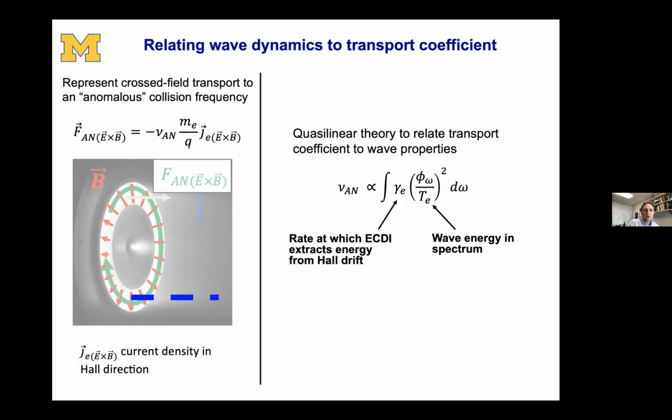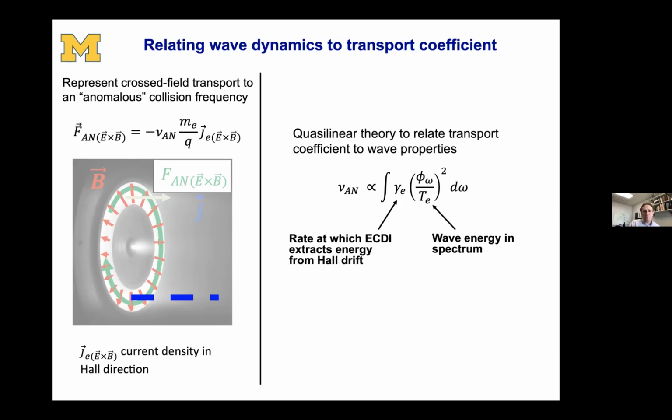And there are two contributing factors. One is the energy which is present in the waves, and that's represented by the ratio of phi, which represents the potential amplitude of the waves, compared to the electron temperature, squared. And it's intuitive that if the wave turbulence spectrum has more energy associated with it, we would expect that it could act as more of an effective drag force on the electrons.